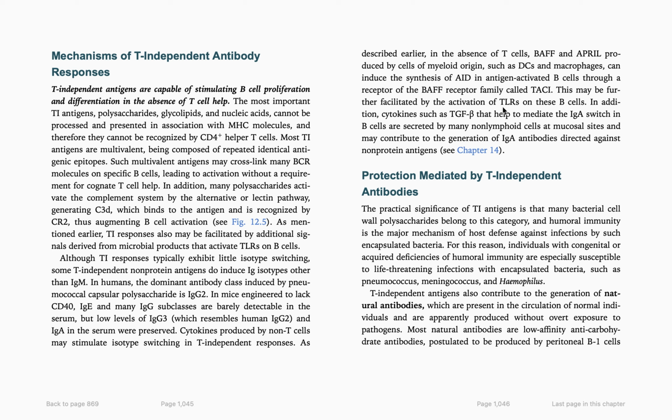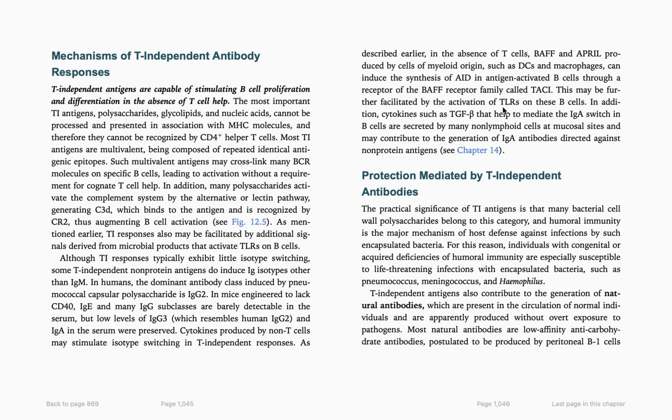In addition, many polysaccharides activate the complement system by the alternative or lectin pathway, generating C3d, which binds to the antigen and is recognized by CR2, thus augmenting B cell activation.